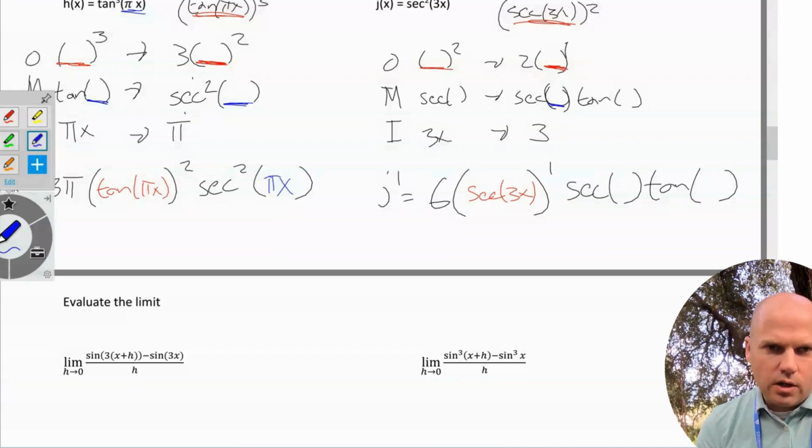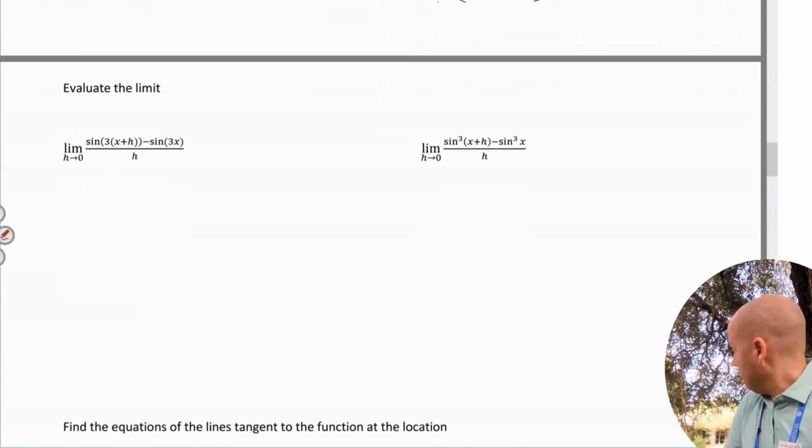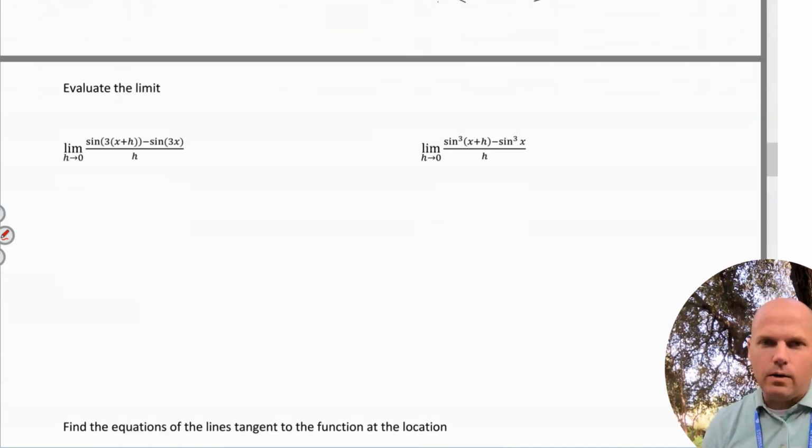What started in here is this, which is that. So I have to put 3x both here and there. Cool.